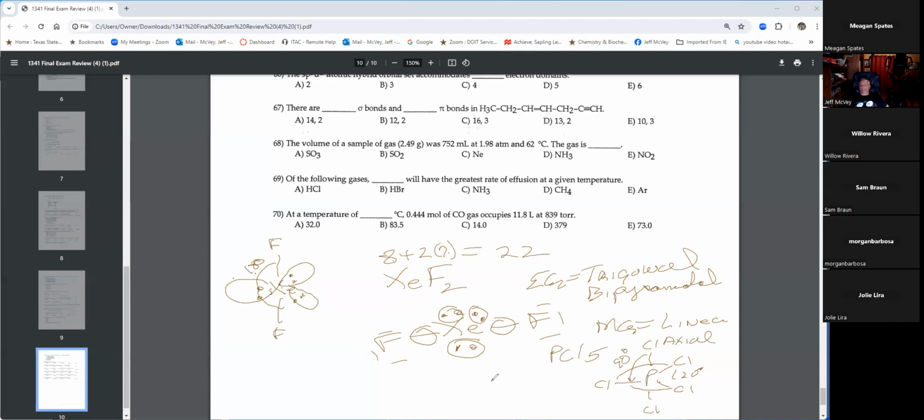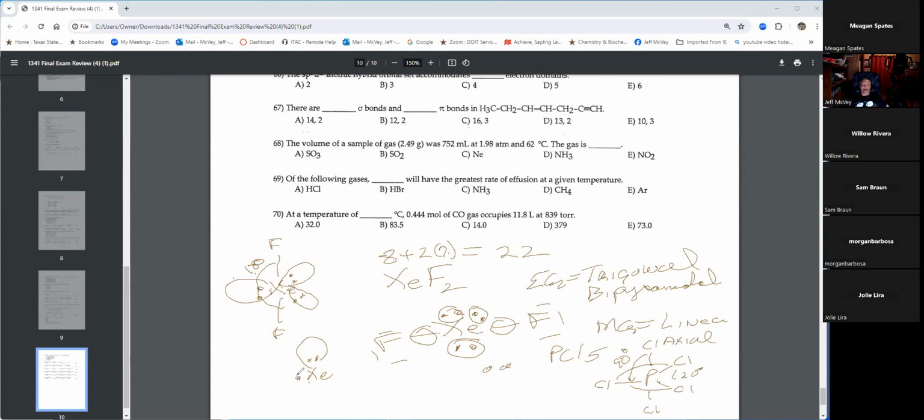Are you gonna know the difference between axial and equatorial regions? You should, because the equatorial regions are where non-bonding electrons have to go in trigonal bipyramidal. The reason is you can't have a non-bonding pair of electrons at 90 degrees. So if this were xenon, this is a non-bonding pair of electrons.